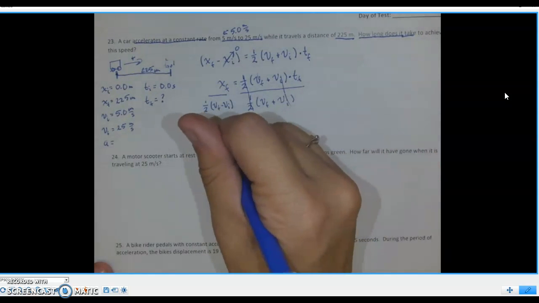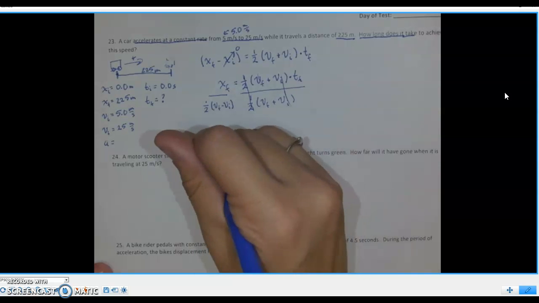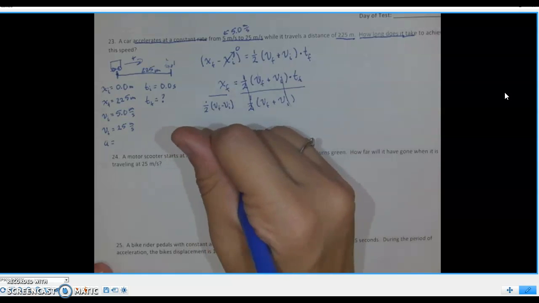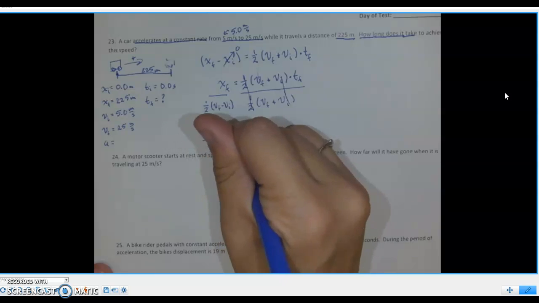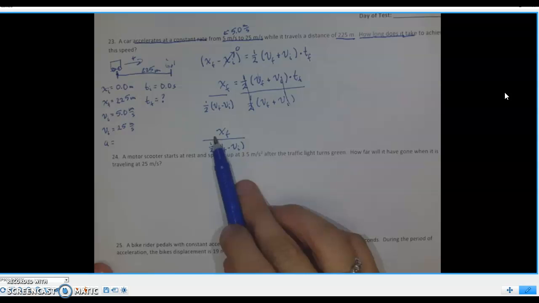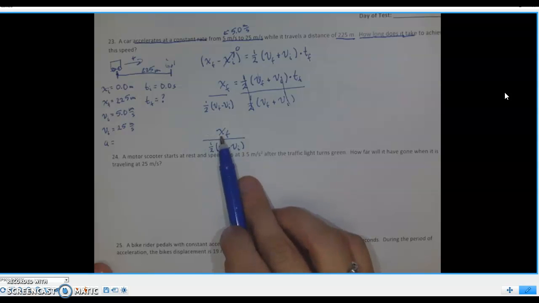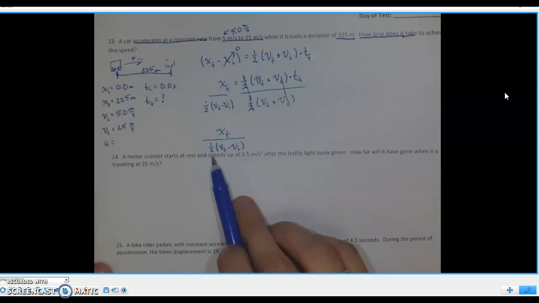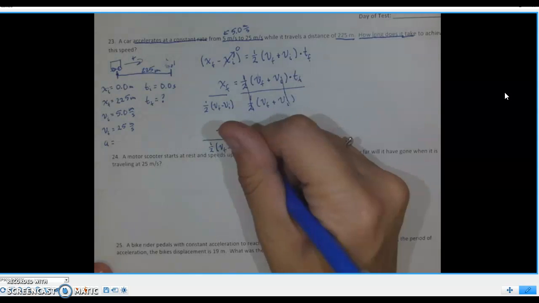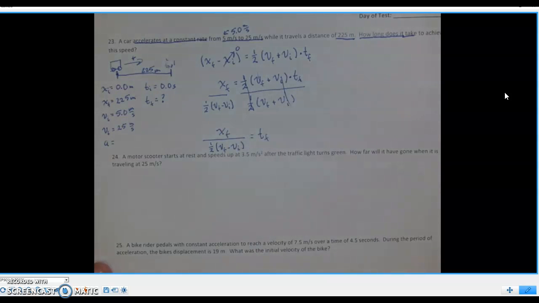So what I'm left with is x final divided by 1/2 velocity final plus velocity initial. Dividing by 1/2 is the same as multiplying by 2, so if you wanted to, you could replace that as 2 multiplied by x final, or you can leave it like this. Either way is fine, and this all equals time final.